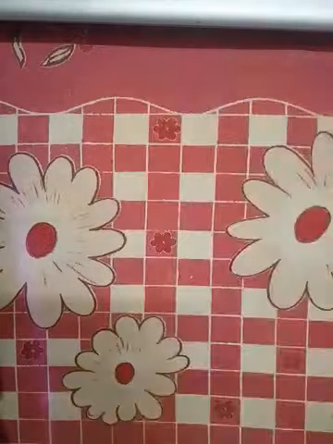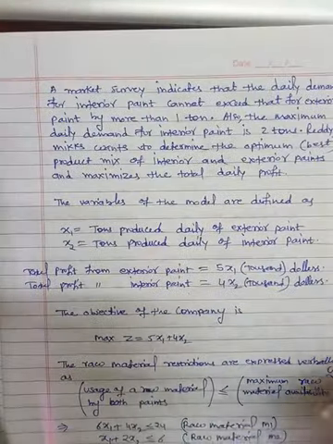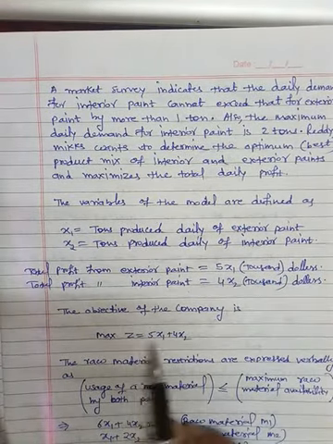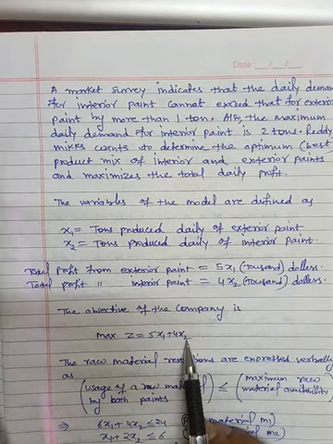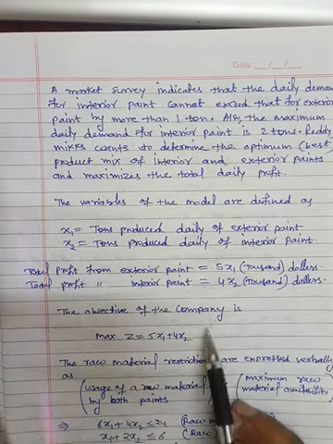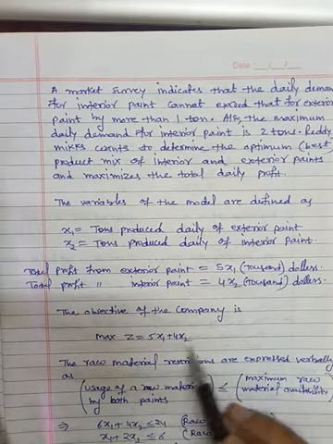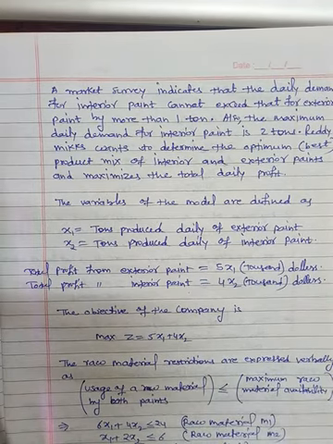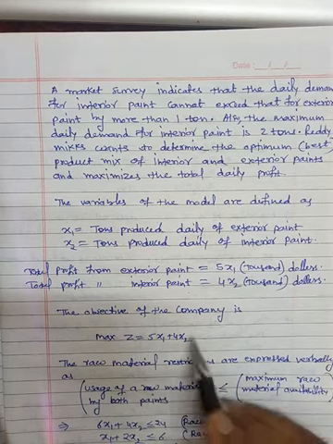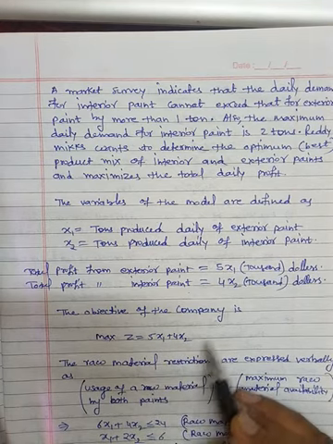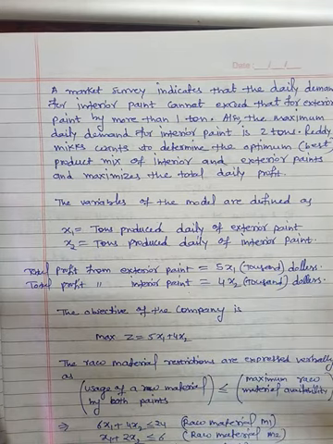So the overall profit will be maximum of z is equal to 5x1 plus 4x2. This is due to the exterior paint, and this is due to the interior paint. And this is in thousands of dollars. Whatever value we have, just multiply by 1000, we will have the total profit.